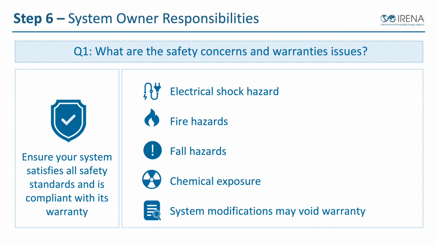And then any system modifications, if you as the homeowner or system owner modify the system in any way or any of the equipment, that could void the warranty of either the equipment manufacturer or the installer. So just be cautious that you really don't want to make any modifications to the system after it's installed, or it could be a warranty risk.